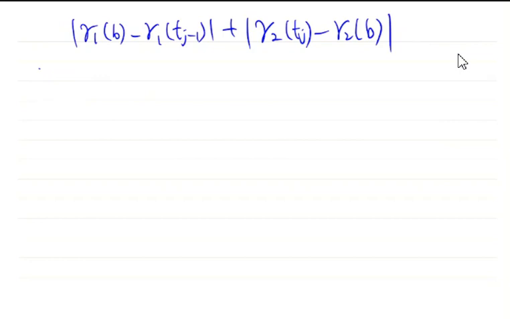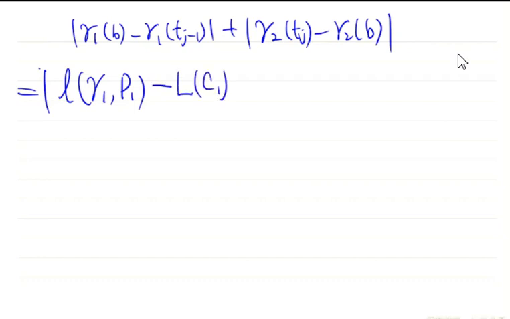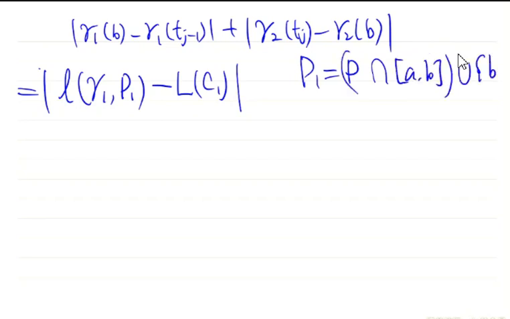The first term is precisely L_gamma1(P1) minus L(C1), where P1 is P intersected with [a, b], then adding the point b inside. This is the partition of [a, b].